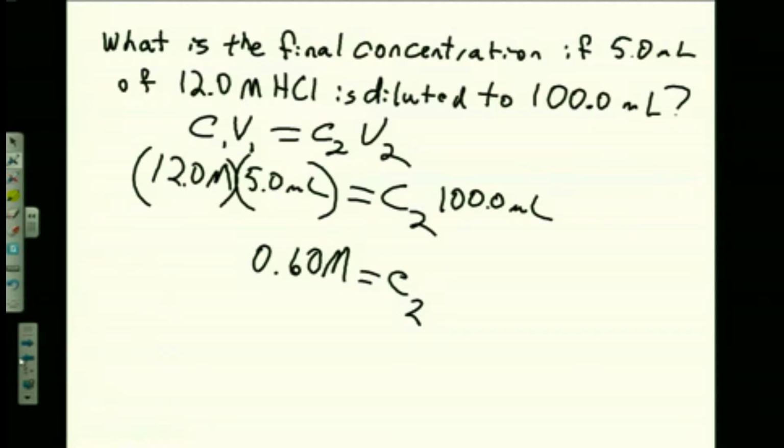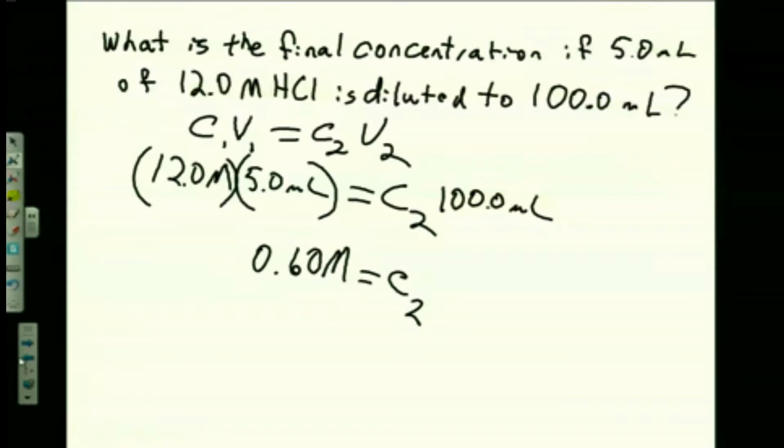All right. Should we do one more dilution problem? Is that 12.0 molar, capital M, molar? So that's the same thing as moles over liters. That's what the capital M means, is moles over liters.